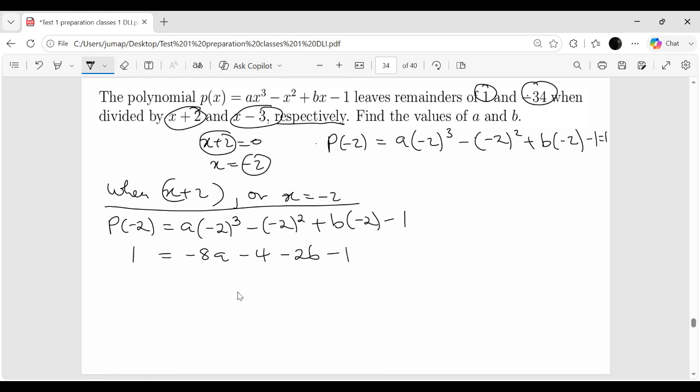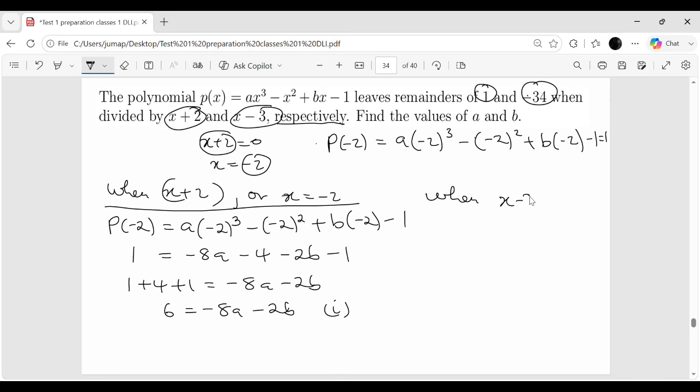As a result, I'll take these ones this side, so that I have 1 plus 4 plus 1 is equal to negative 8a minus 2b. As a result, I'm going to have 6 is equal to negative 8a minus 2b, and this becomes my equation 1.